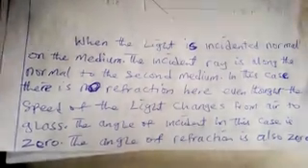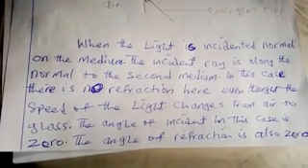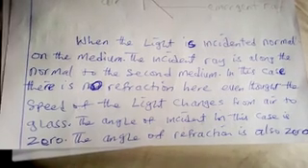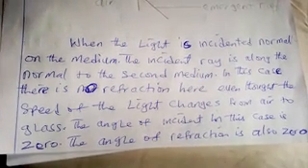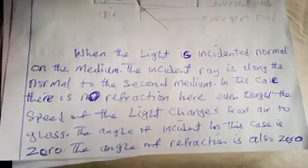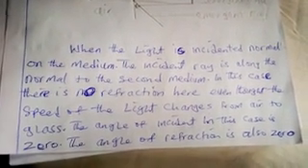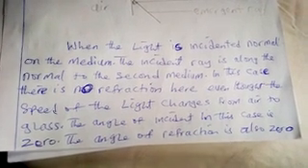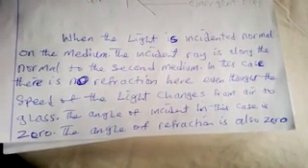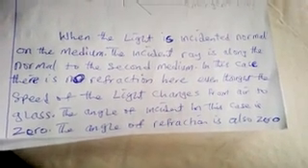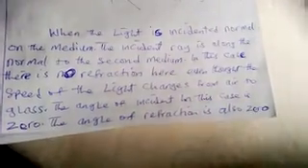That means when it travels from air to glass, the incident ray is along the normal to the second medium. In this case, there is no bending, even though the speed of the light changes from air to glass. The angle of incidence in this case is 0. The angle of refraction is also 0.